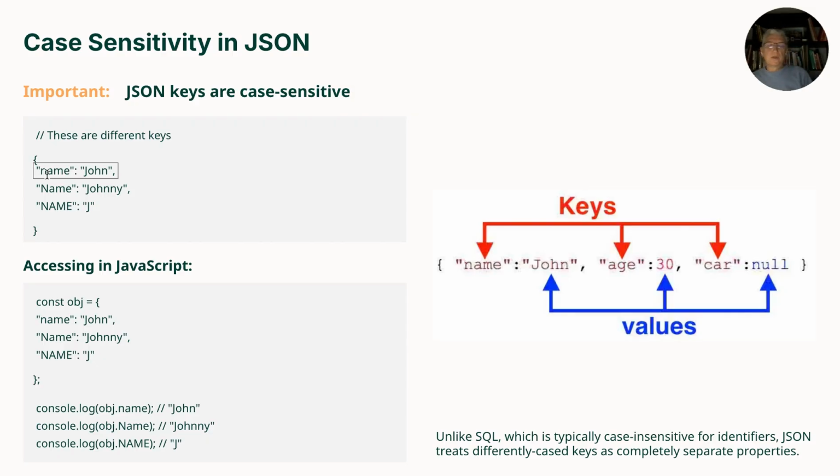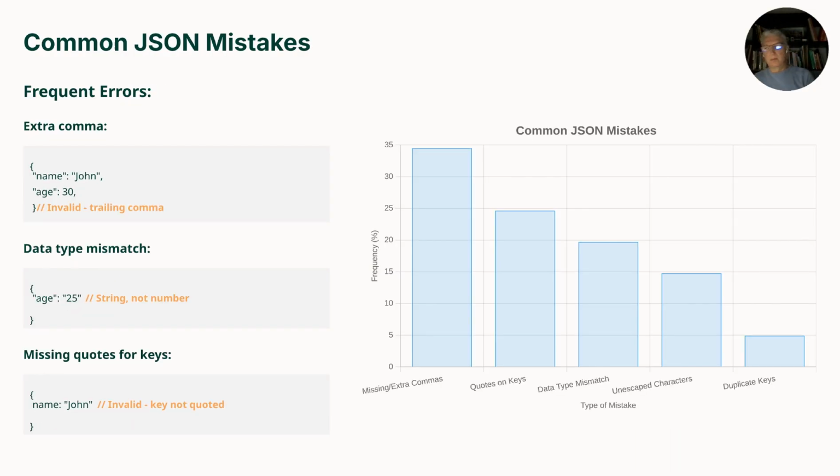On another note, XML is also case sensitive. It was defined as case sensitive from the beginning. So XML and JSON are both case sensitive. So please remember that. When you're naming your keys, when you're documenting them, you have to be precise about the uppercase, lowercase, whatever you use.